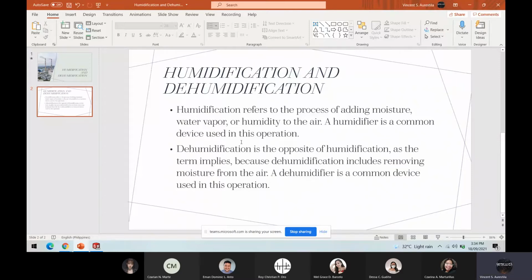So sa katong mga notes ni Sir kay wala man ko'y nakit-an nga problem solving pertaining humidification and dehumidification only. So diretso lang ko sa relationship sa mga psychrometric properties in humidification and dehumidification.